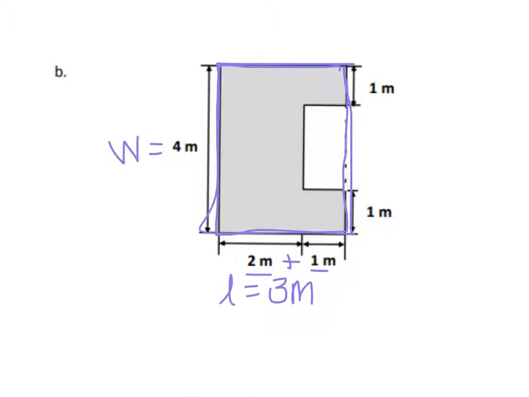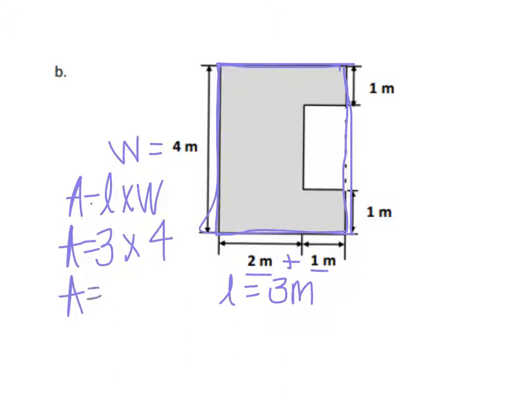So now I'm going to determine the area of the purple, which is length times width. So A equals the length, which is 3, times the width, which is 4. 3 times 4 is equal to 12 square meters.